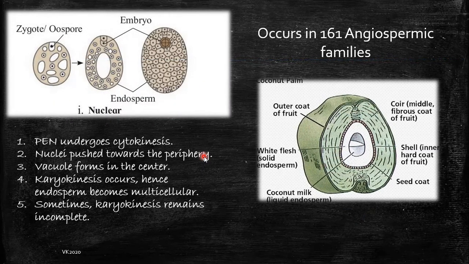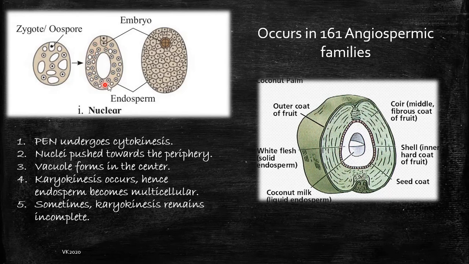Now the first type of endosperm we see is nuclear endosperm. In nuclear endosperm, the primary endosperm nucleus undergoes free nuclear division without cytokinesis, which is division of the cytoplasm. Nuclei are pushed towards the periphery, which means there is no cell wall formation until the nuclei are pushed towards the periphery.